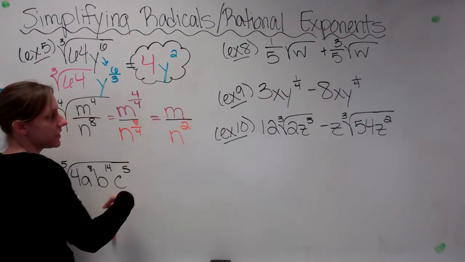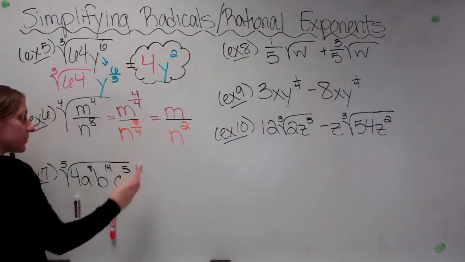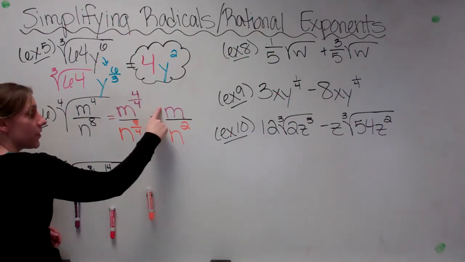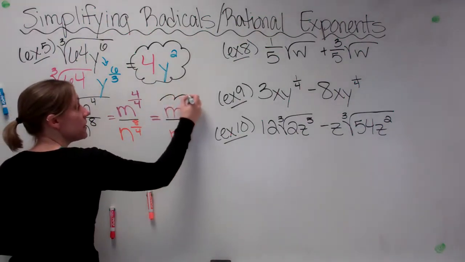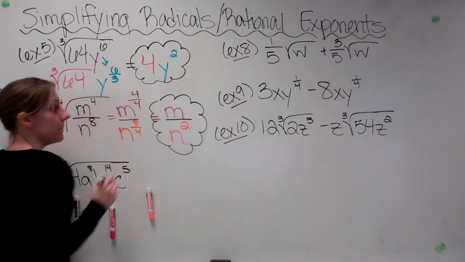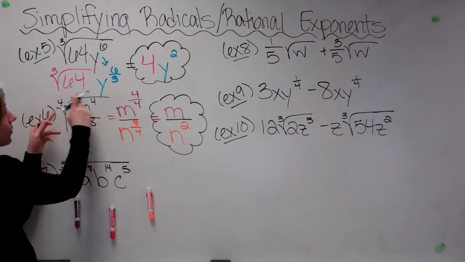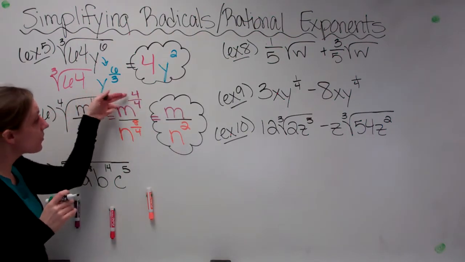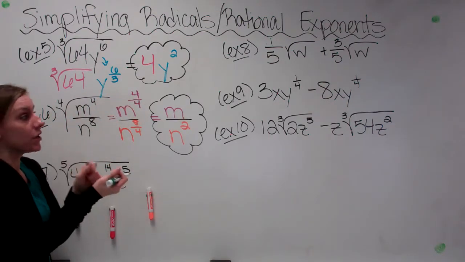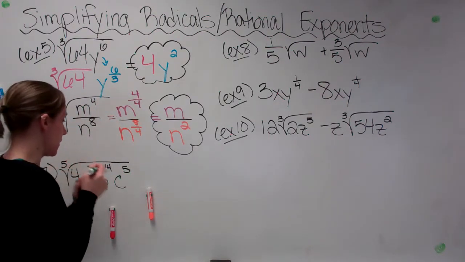If you just see that, it's the same thing. But this reduces down to m to the first, or m, divided by n squared. And it is simplified. All right? So taking your roots and your powers and making that fraction can be really helpful. It can really help you clean up your powers a lot easier.